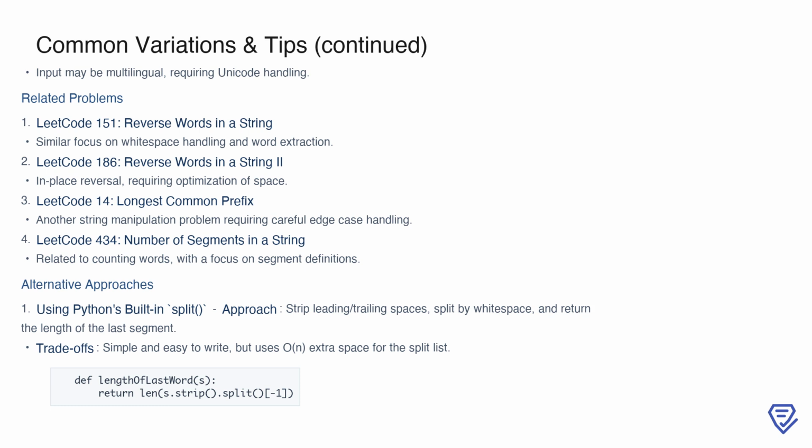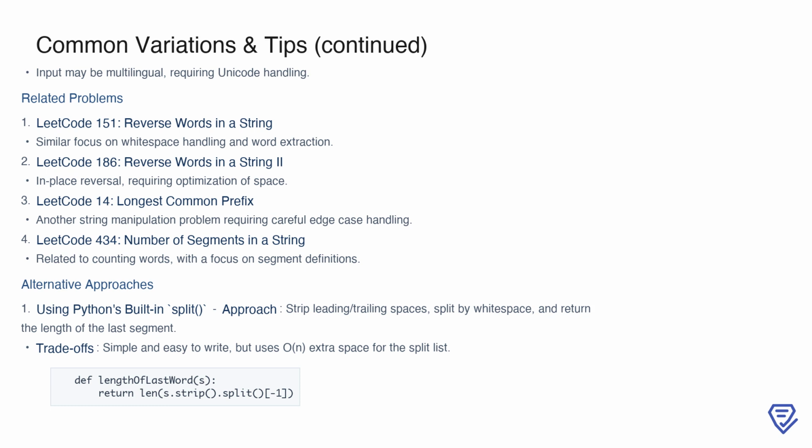Problem 14, Longest Common Prefix, introduces another string manipulation challenge that involves careful handling of edge cases. And finally, Problem 434, Number of Segments in a String, is directly related, as it focuses on counting words or segments in a string. Exploring these problems can help you further refine your skills in string manipulation.